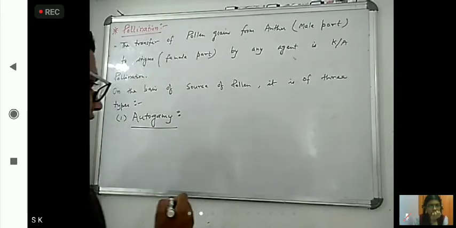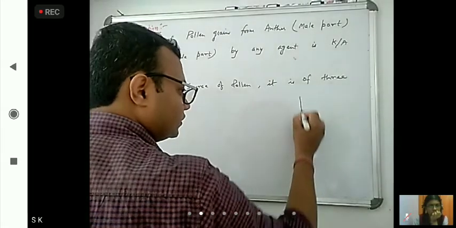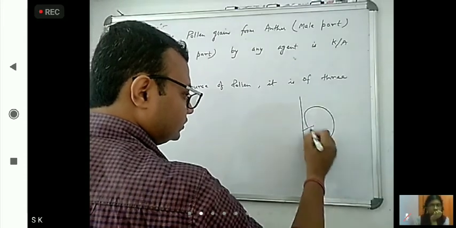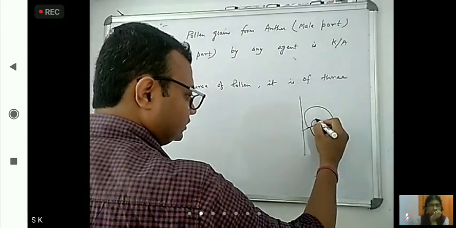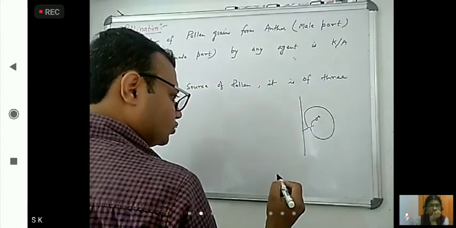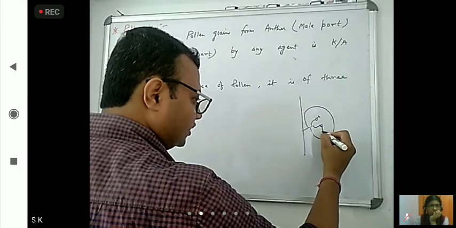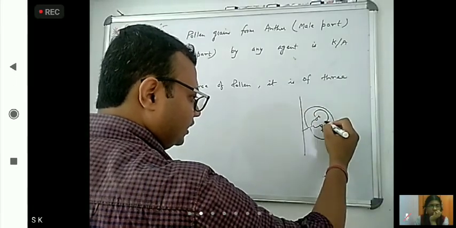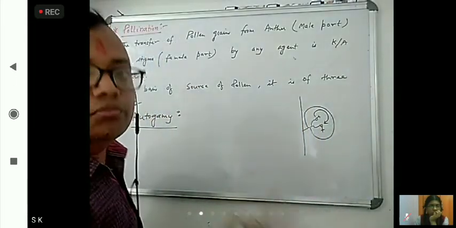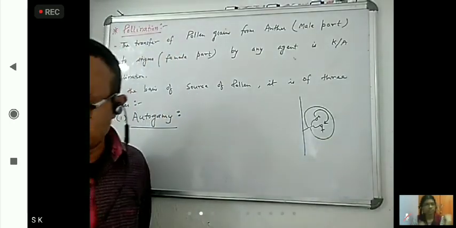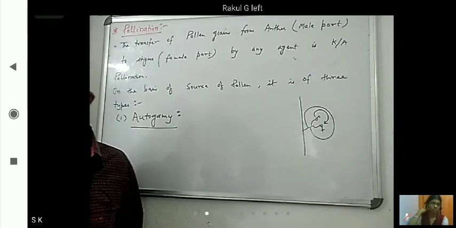Autogamy means what? One flower is there, inside that male part is also there and female part is also there, and here from male to female the pollen is moving. So that type is autogamy. So how we can define this?